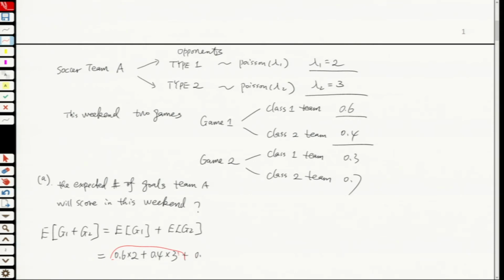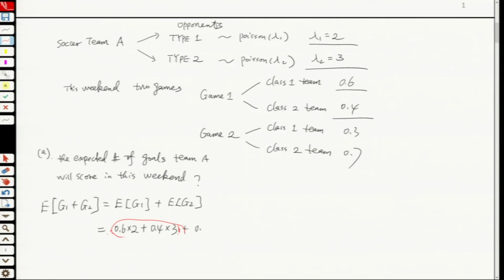Interesting. It's below. Oh, okay. I have to go up a little bit. So this is 3, and this is 0.3 times 2 plus 0.7 times 3. So this is for game 2 expectation. So if you get this, you get the full score.